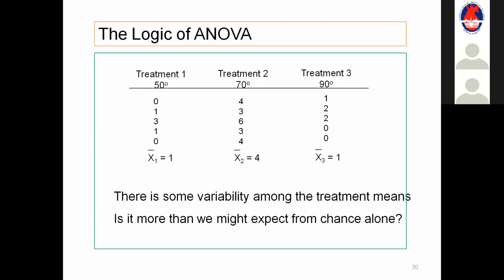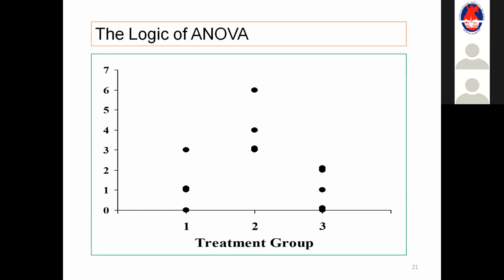For any experiment, it is highly unlikely that we get perfectly equal scores for different groups. So what we are testing is whether the difference we see actually exists, or occurred only by chance, by randomness. We can see that the mean for the first group is 1, for the second group is 4, and for the third group is 1.